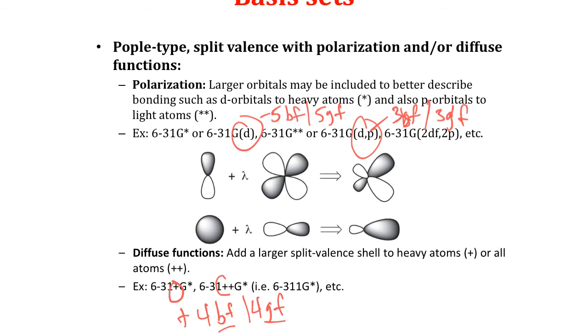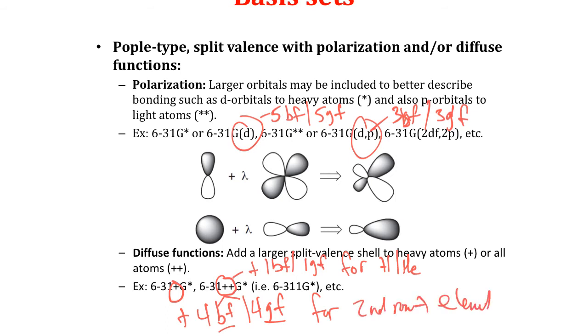And then the plus plus is going to add the same for your heavy atoms, but then it's also going to add 1 basis function, 1 Gaussian function for your H atom. So plus sign, 4 basis functions, 4 Gaussian functions for second row plus elements. And we'll see some examples. We'll go through those, I believe, in the next slide.